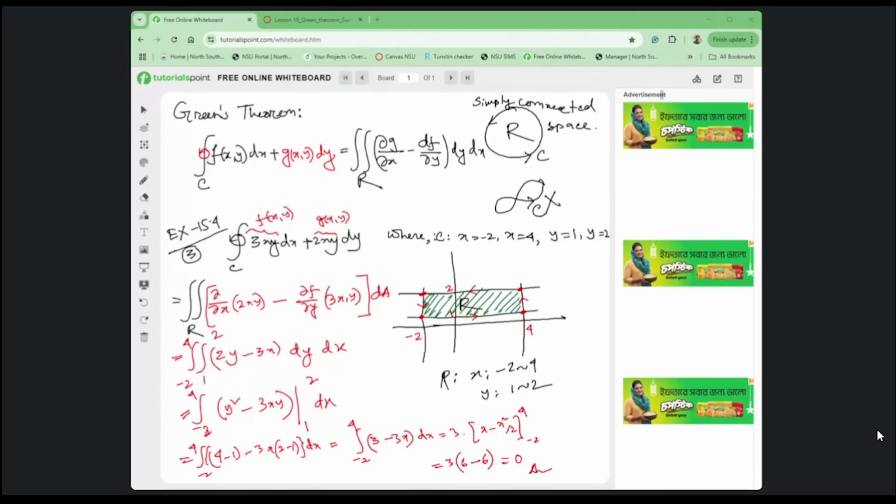If 0 becomes your result, then the system will be conservative. If the 0 doesn't return, the system will be non-conservative. Okay. So in this case, it is 0. That means under this field, if we start from a point A and come back to the same point, the work will be 0.